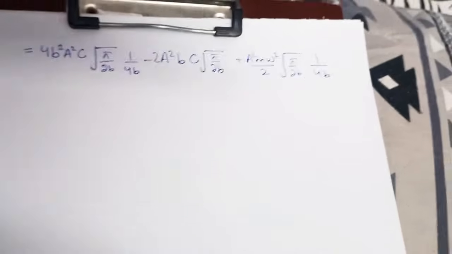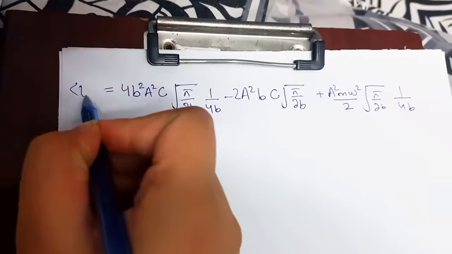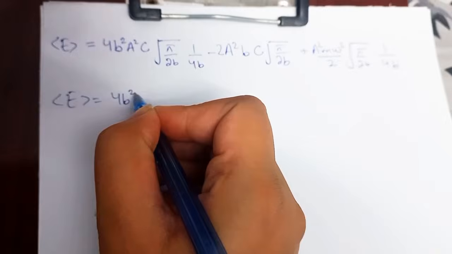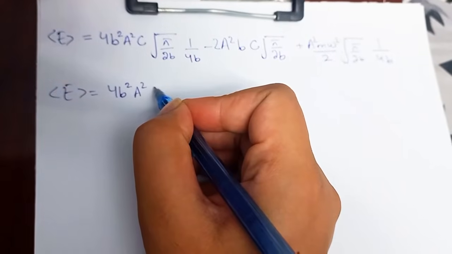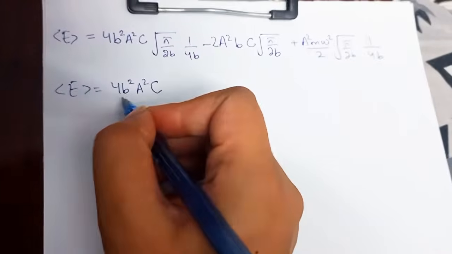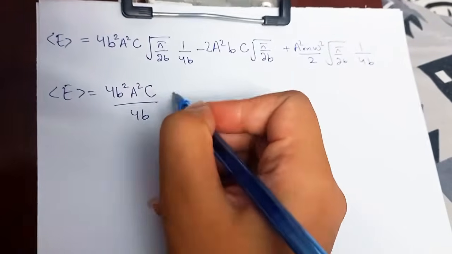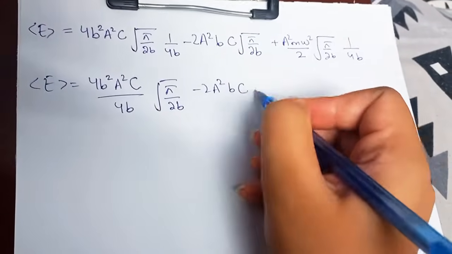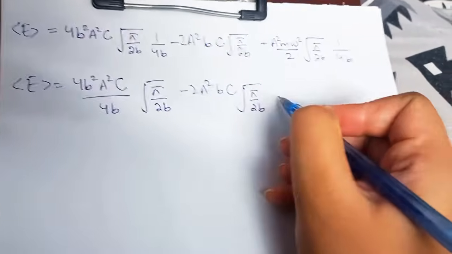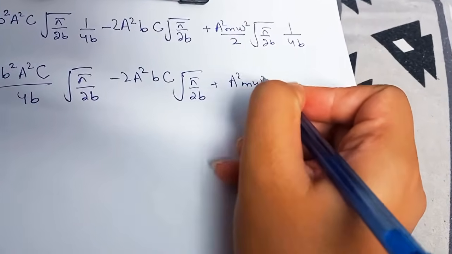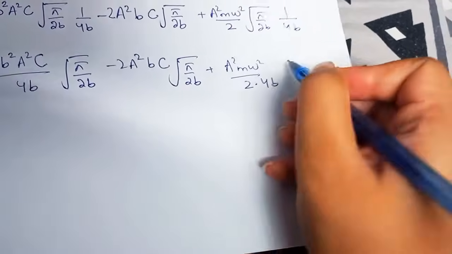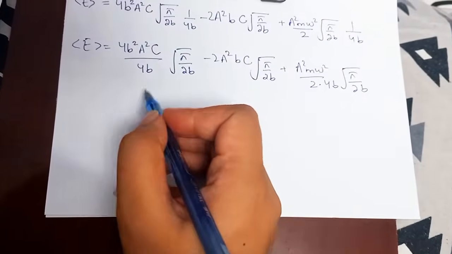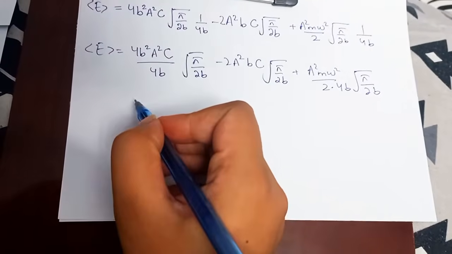So let's simplify it. It's 4b square a square c by 4b. I'm writing this 4b here. We'll cancel out the common terms, and here I just want to put the value of a square as well.